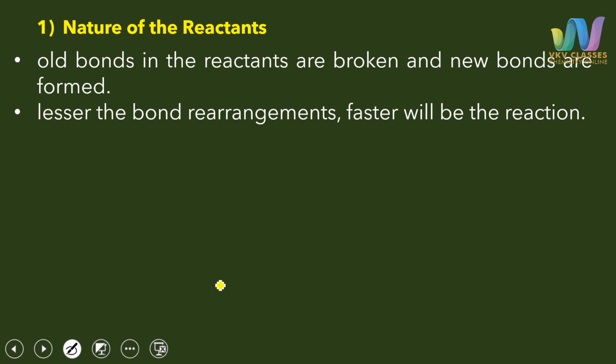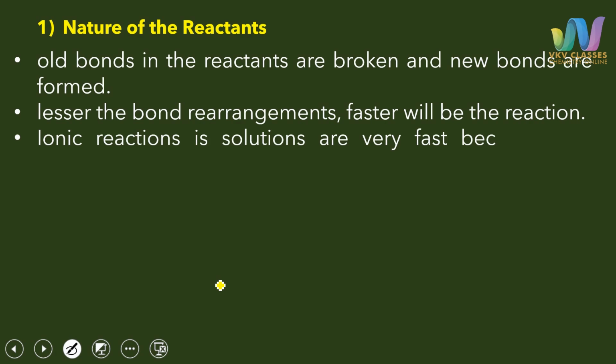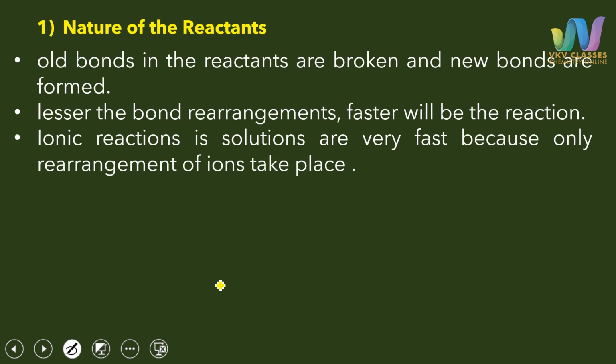Lower the bond rearrangements, faster will be the reaction. Ionic reactions in solutions are very fast because during these only rearrangement of ions take place. In solution, ions are already separated and no energy is required for their separation.